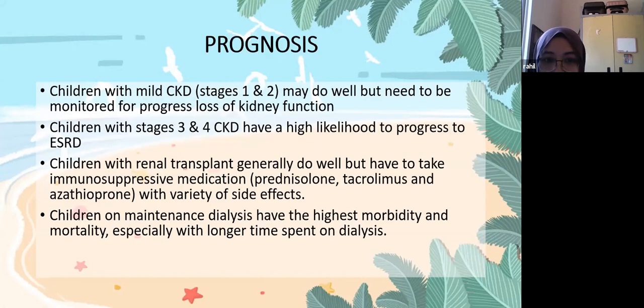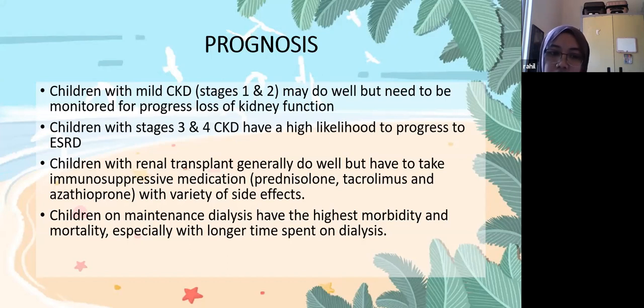Okay. And then lastly, for the prognosis of CKD children, those with mild CKD, which is stage 1 and 2, are good, but they need to be monitored for the progress of the kidney function. Those with stage 3 and 4 will likely progress to end-stage renal disease.